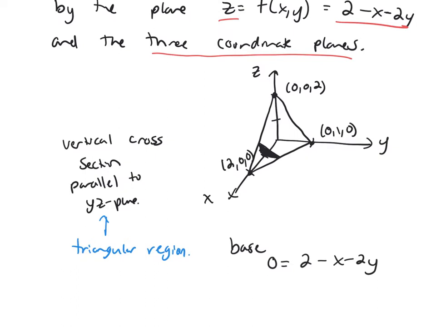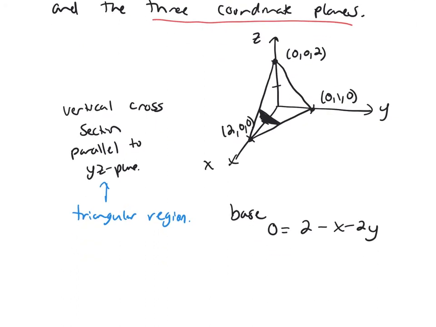And I'm going to solve for y here, because that's going to be the length of my base. So this length right here, that's y. So I'm going to solve for y in my equation. 2y equals 2 minus x. y is 2 minus x over 2.